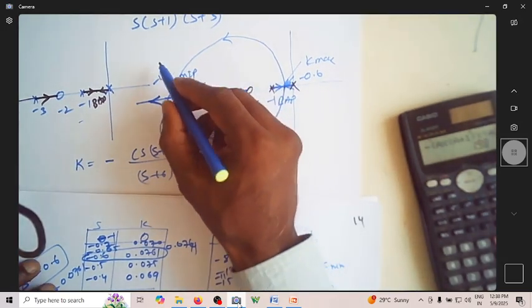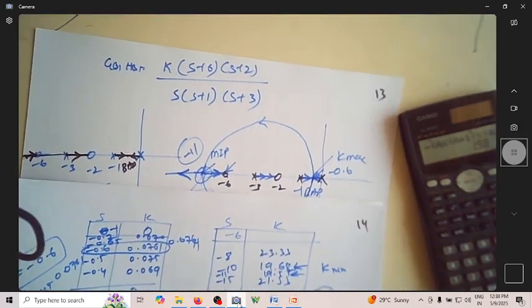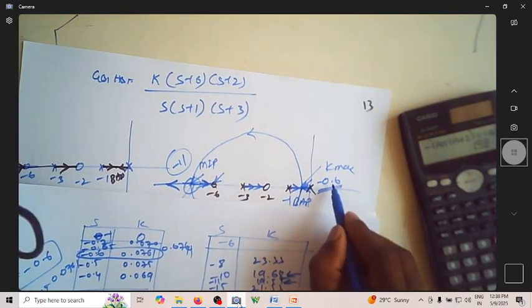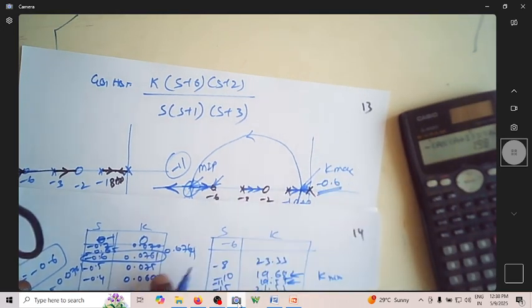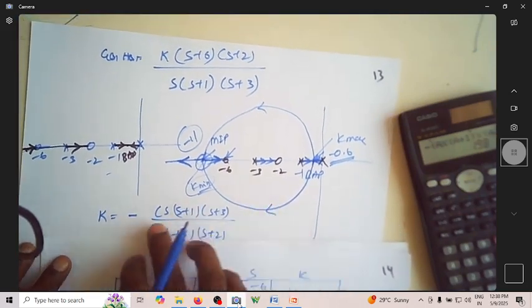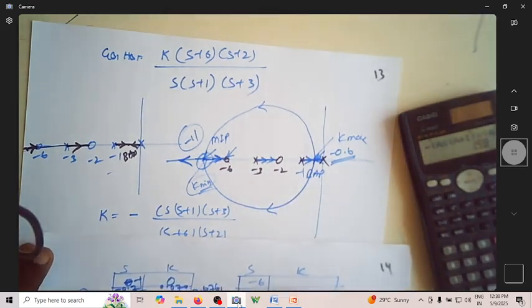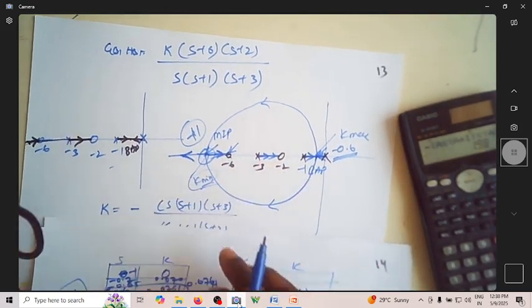This is not the exact value, but an approximate value of the breakaway point. This is also an approximate value, maybe -0.621, all those things. You will get the exact value if you differentiate and equate it to 0. So we are following an approximate method where this is fairly close to the breakaway point and meeting point.